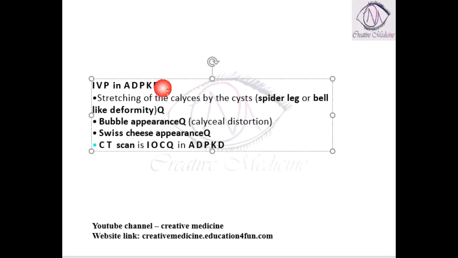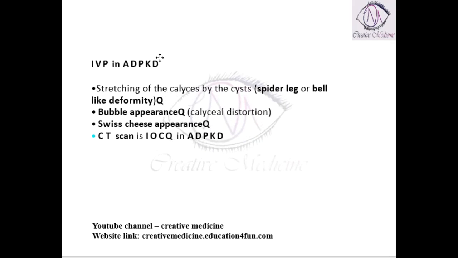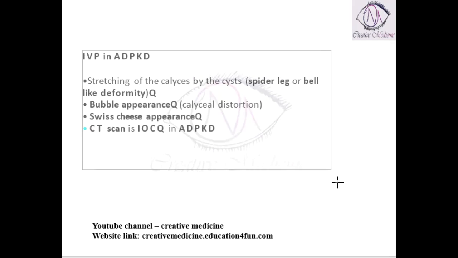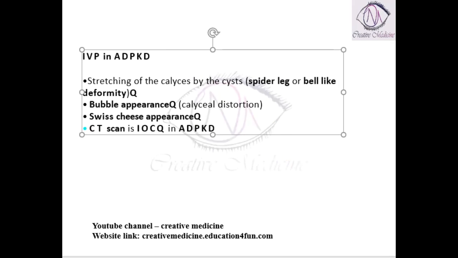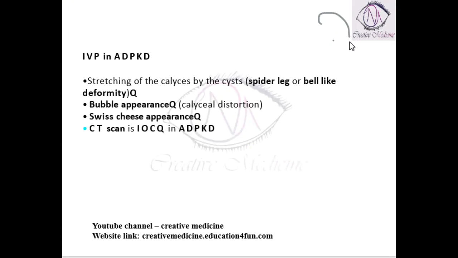Then, in polycystic kidney disease, if you do an intravenous pyelogram, here one important thing is that cysts are present all over the kidney. Now, if you do an intravenous pyelogram, the dye which is used in intravenous pyelogram does not reach the cysts.